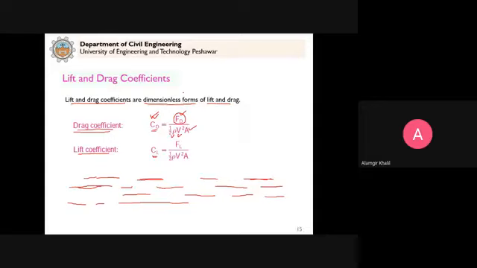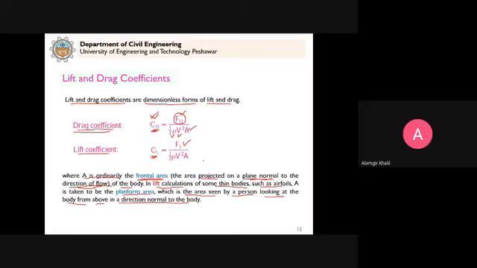Clear? Or if the drag coefficient is known to us for any body and the lift coefficient are known, we can calculate the lift and drag forces using these equations. Because this equation you can use to calculate the drag force if CD is known. So then in this case what will happen?